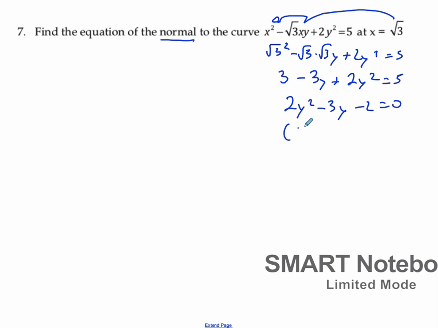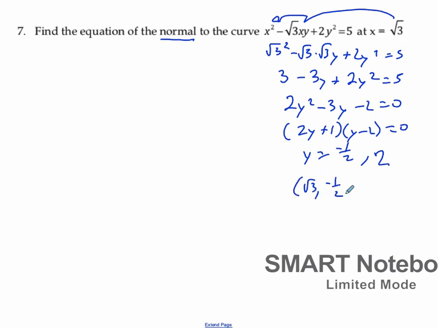And that will factorize to 2y plus 1 times y minus 2 equals 0. So y equals negative half and y equals 2. So we actually have 2 points where x equals root 3. We have the points root 3, negative half and root 3, 2.